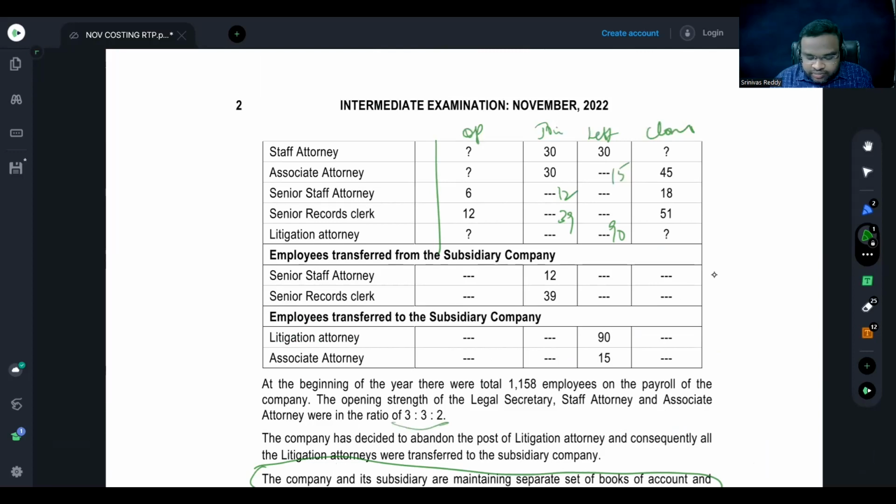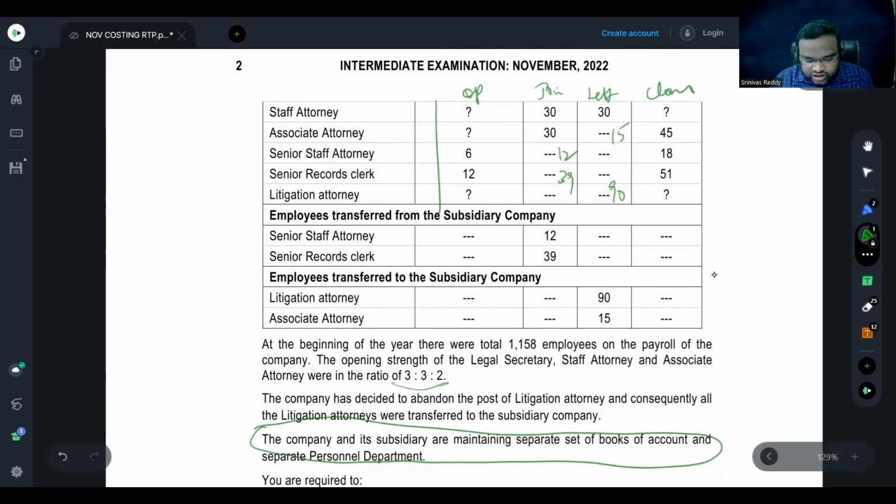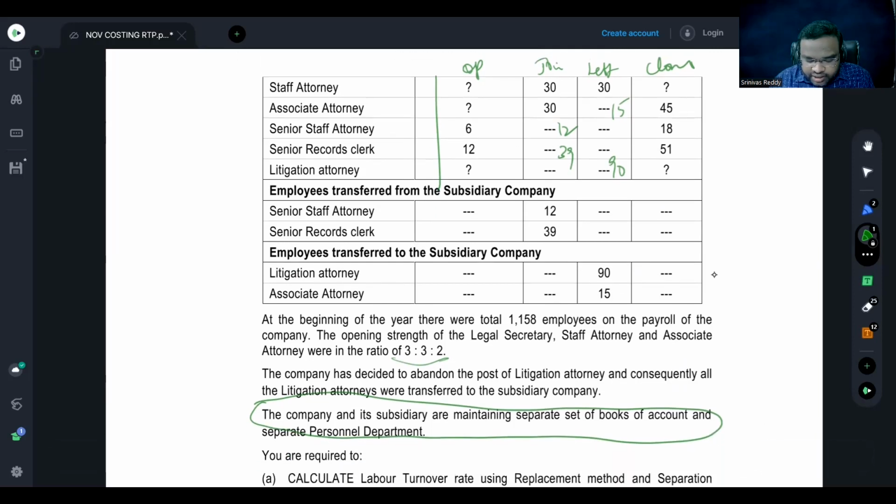If you know one, based on this ratio, you can calculate the remaining. That also we can do. The company has decided to abandon the post of litigation attorney. Consequently, all the litigation attorneys were transferred to subsidiary companies. That means my closing balance of litigation attorney would be 0, and they wanted to abandon the post itself.